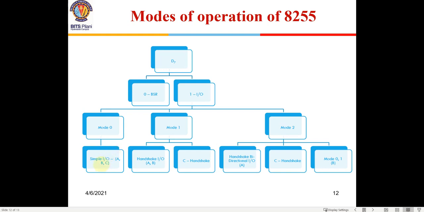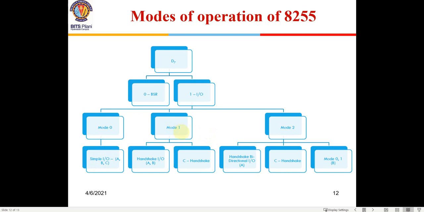You can select one of the ports by using the address bits, A0 and A1 from the 8255 side, and A2 and A1 from the 8086 side. So A1 and A2 will select which one of the 3 ports. All the 3 ports will work as an 8-bit port individually.